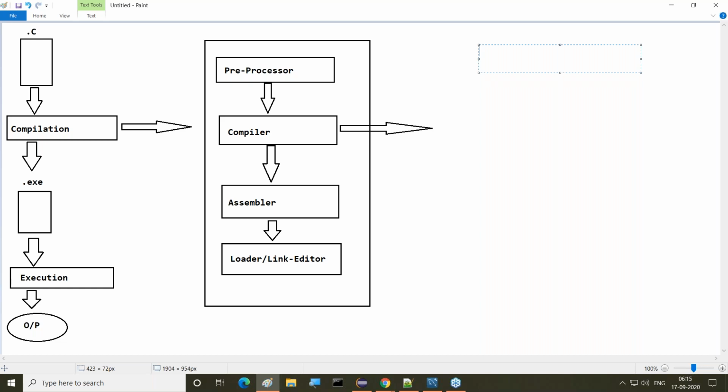First one would be the lexical analysis phase. This one will be the syntax analysis phase. Semantic analysis phase. Intermediate code generation.